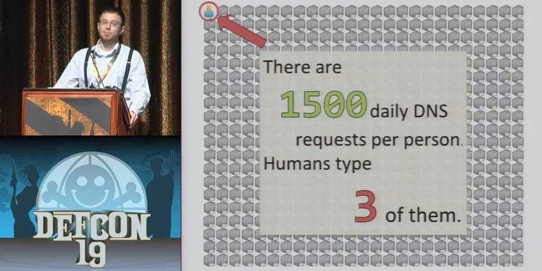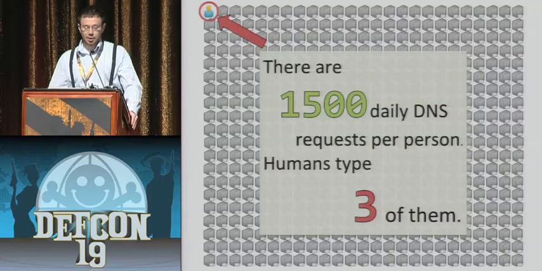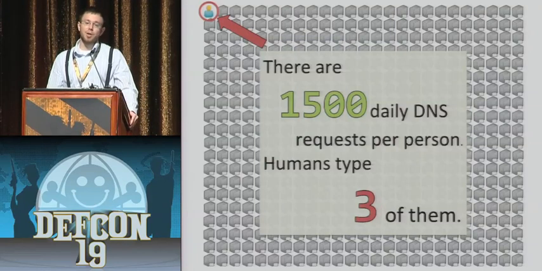A little bit about how I got these numbers. The 1500 comes from doing some math on the OpenDNS blog. In a blog post dated this March, they said that they had 30 billion unique DNS queries per day. If you go to their website, it says that they have 20 million users. Doing some simple mathematics leads to 1,500 DNS queries per user.